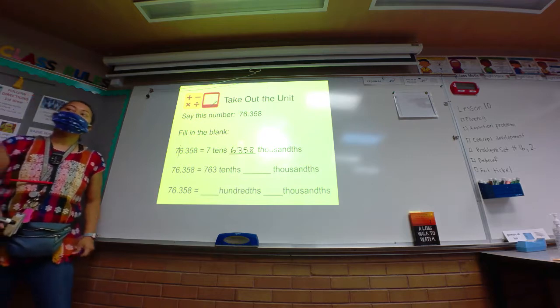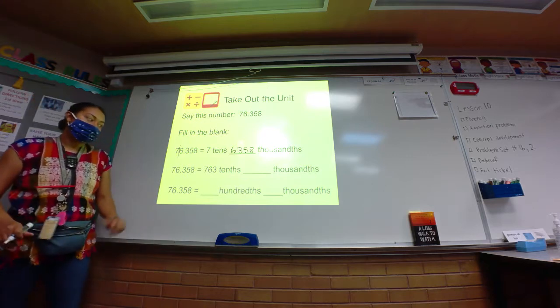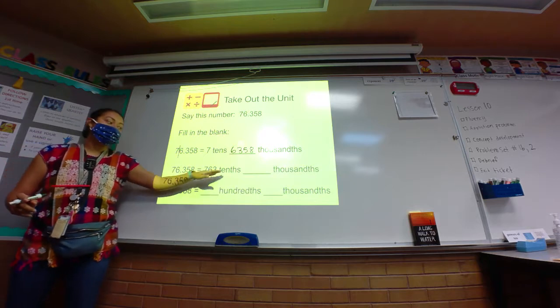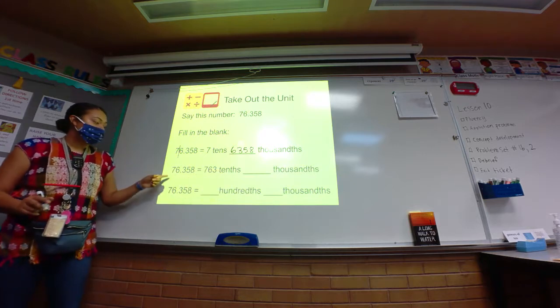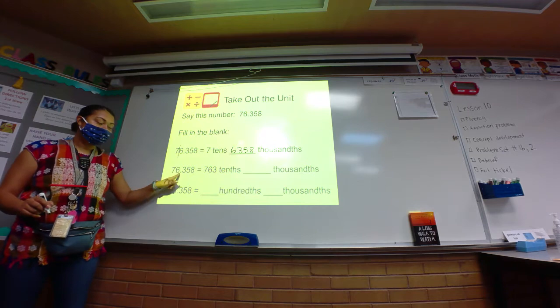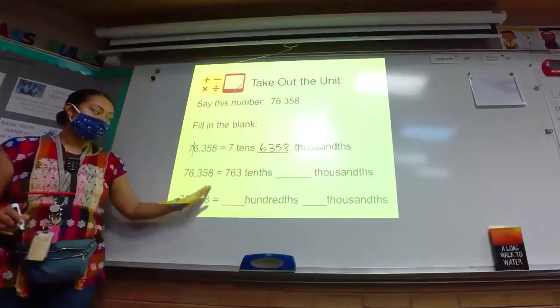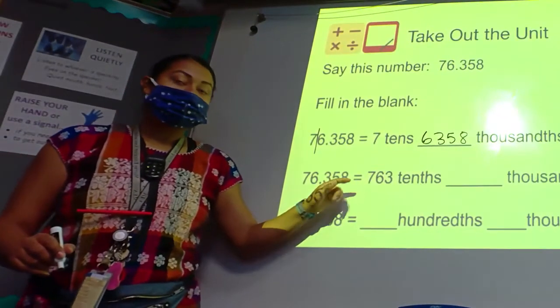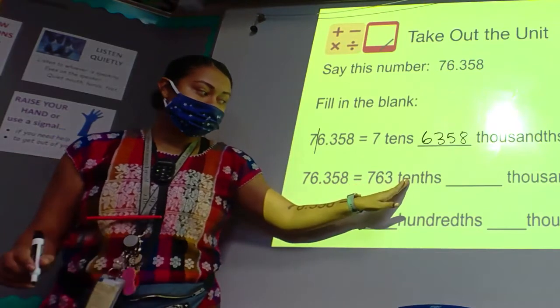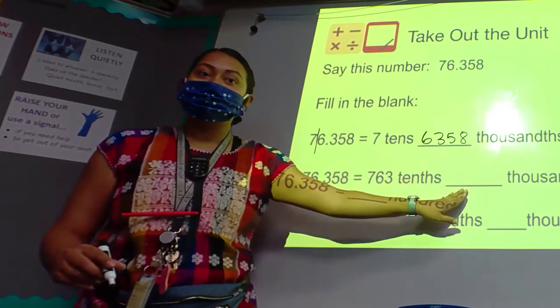Mohammed, mask up, please. Okay, so now let's try another one, but this time we're taking out the tenths first. So 76 and 358 thousandths is equal to 763 tenths, and then how many thousandths left over?